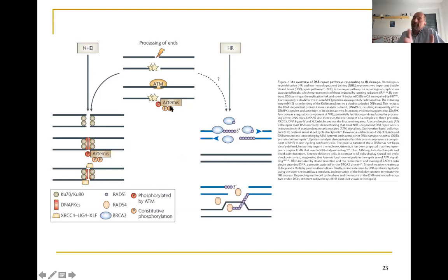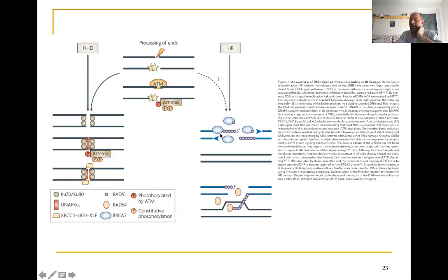And if you are in S phase, especially late S phase, and in G2, you have a template, because if you go through the S phase, you have a perfect copy. If you have a copy, then you can use another mechanism, which is known as homologous recombination.